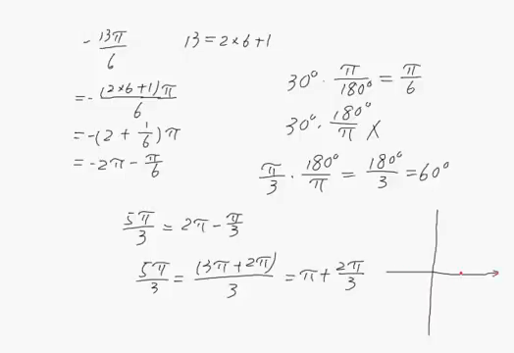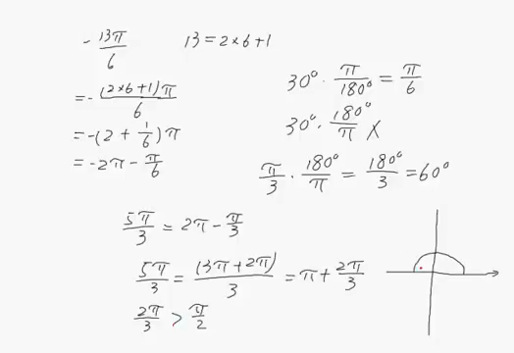So first, we get the pi, so it's here, right? And then we have 2 pi over 3. Now tell me, which one is bigger, 2 pi over 3 or half pi? Which one is bigger? 2 pi over 3, right? So this is bigger than half pi.